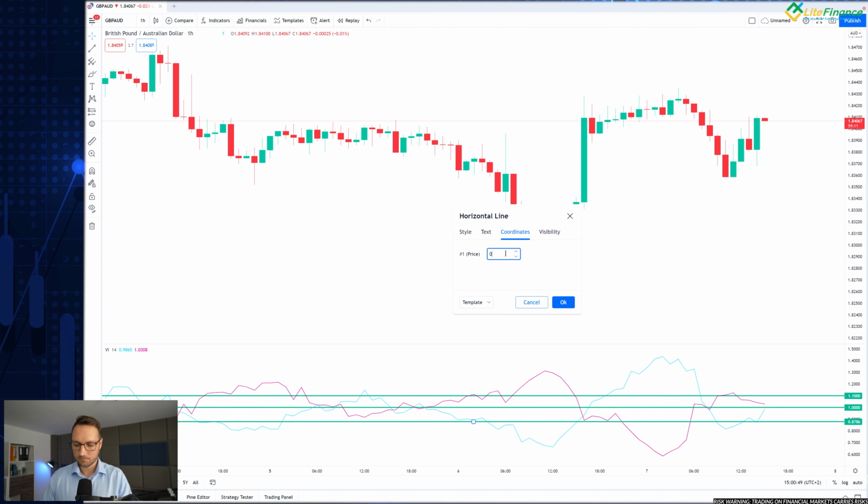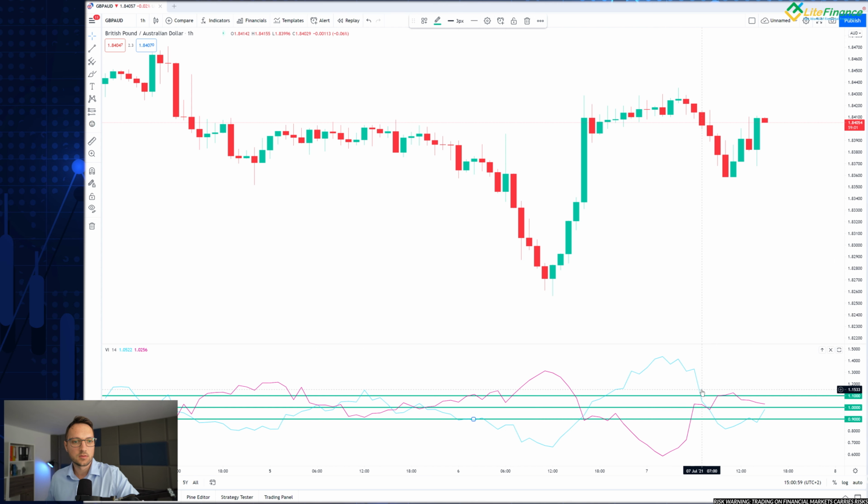And an additional zone that we will create is at more or less this level, which you will see in a second. That is very crucial because many times it is also respected by the indicator. So it would be somewhere over here and somewhere over here.